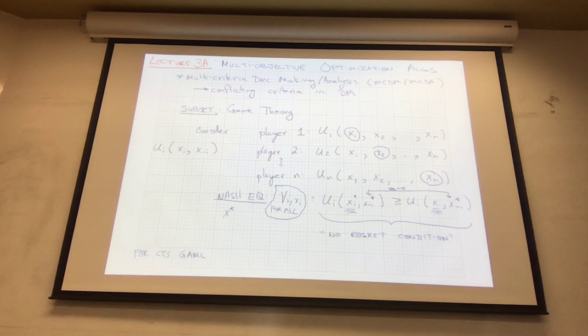a sufficient condition for the Nash equilibrium is that the partial derivative of u1 with respect to x1 is equal to the partial derivative of u2 with respect to x2, all the way up to the partial derivative of un with respect to xn, is equal to 0.